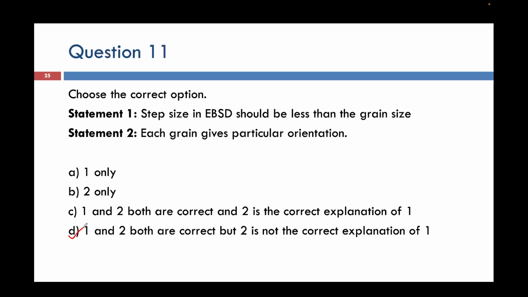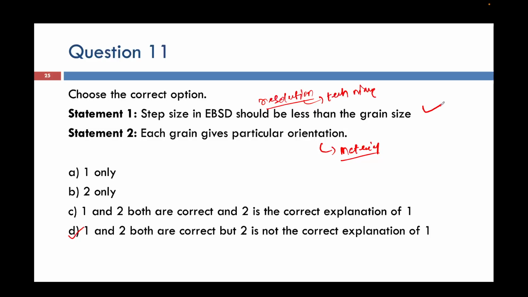Yes, D is the correct answer, because step size in EBSD relates to the resolution of the EBSD. Step size should be less than the grain size, then only will we be able to see the grain size and the relationship between the grains. However, each grain gives a particular orientation; this is only related to the material. So this is actually the resolution of the technique we are talking about, and this is the material.